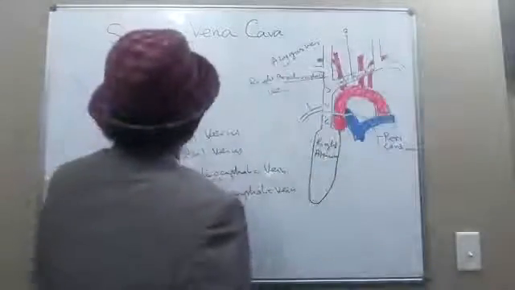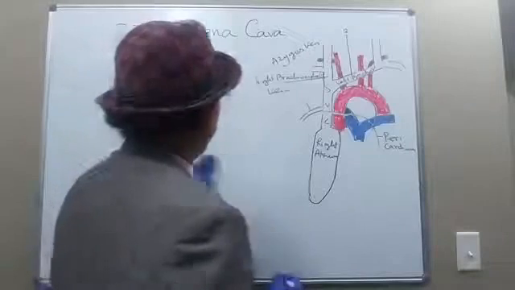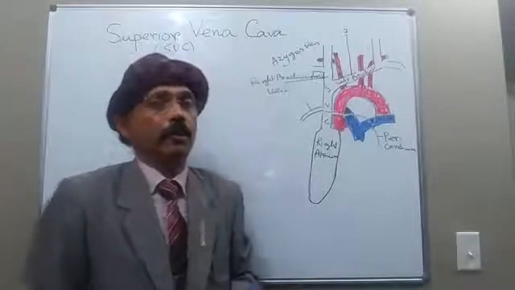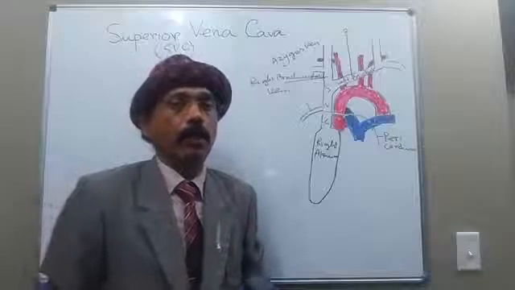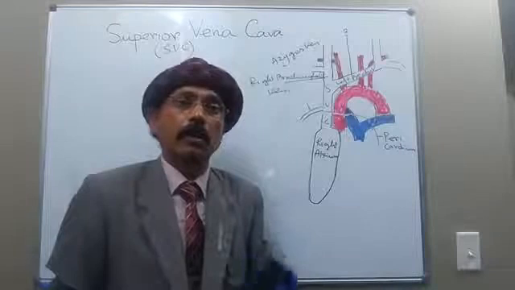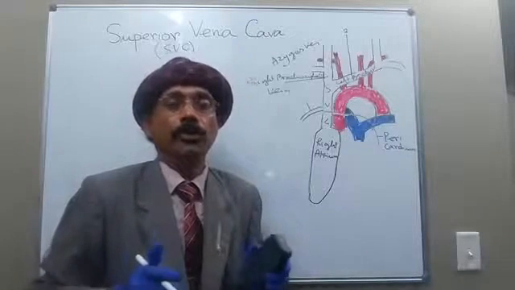Okay, so the superior vena cava, if you take a chest X-ray, it forms the right superolateral border of the cardiovascular silhouette.